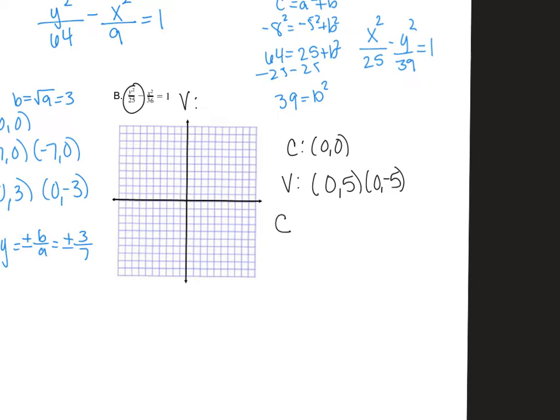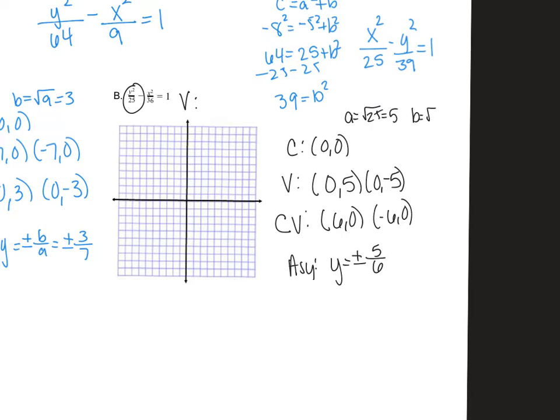My co-vertices are going to be at b, which is 6, 0, and negative 6, 0. And then my asymptotes are going to be y equals plus or minus a over b, 5 over 6. Okay, so remember that your a is the square root of the first thing you see, and your b is the square root of the second number on the bottom.